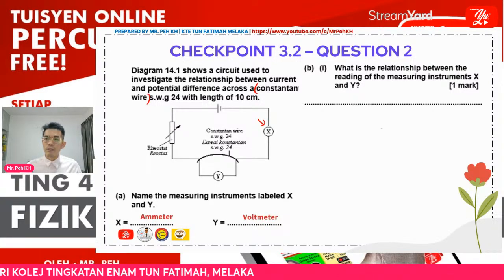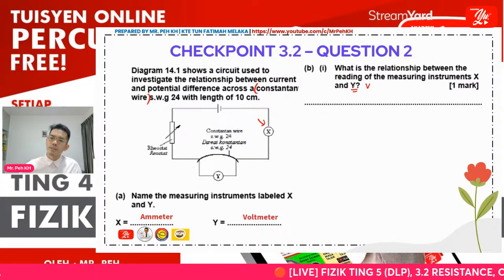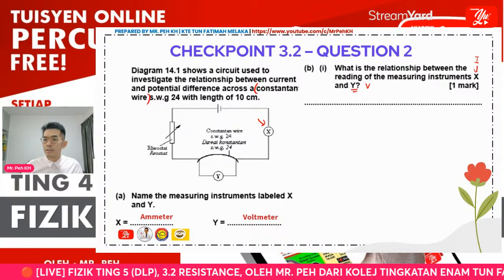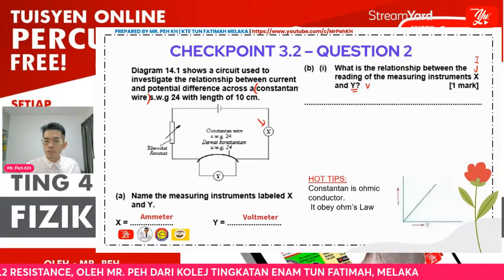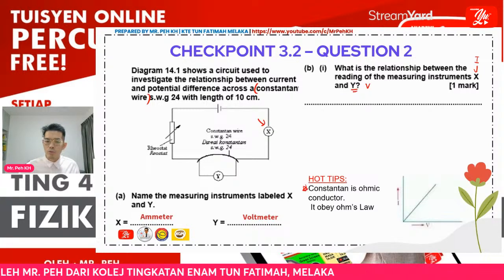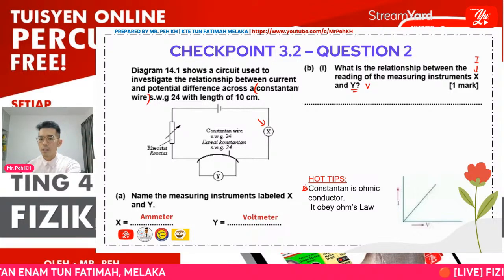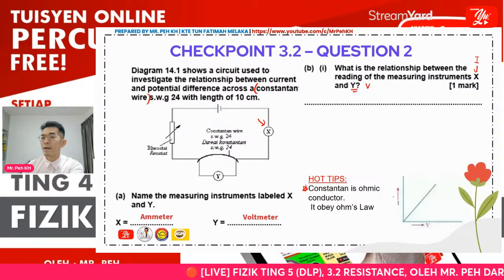So V is what you get from the Y instrument, and X will be I. So I will be directly proportional to V. The tip here is first you need to know the constant wire is an ohmic conductor, where it obeys Ohm's law. So the relationship will be directly proportional.